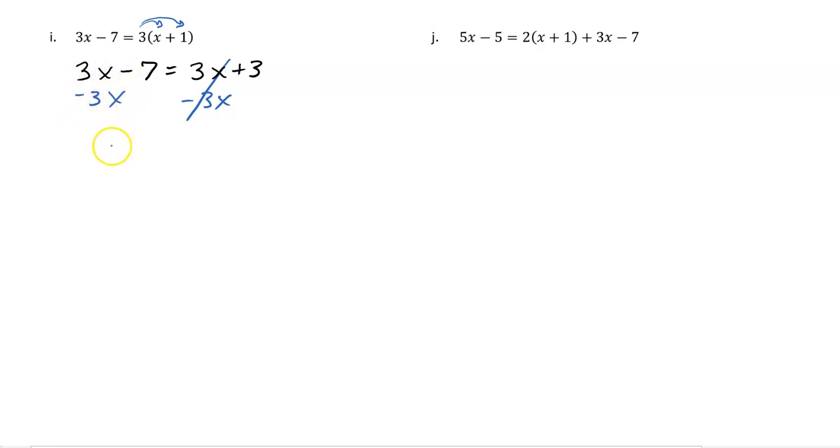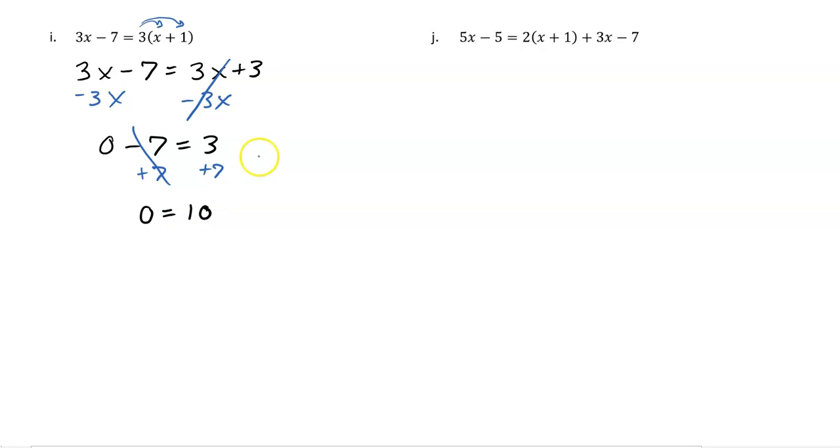3x minus 3x, well, that's technically 0 x's. So if you want, you can even just say it as 0, or you can leave it off if you feel comfortable. But what I really have left over then is 0 minus 7. And if I wanted to keep with the pattern, I can add the 7 over. But I still get something kind of weird, right?